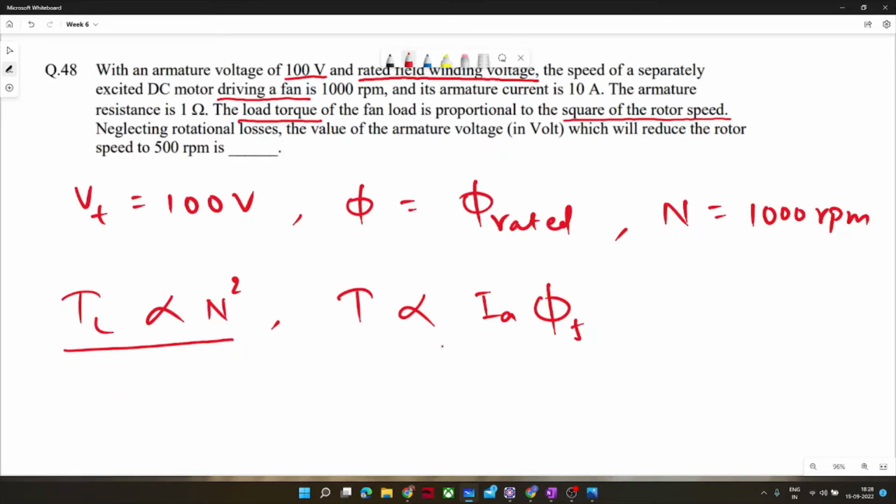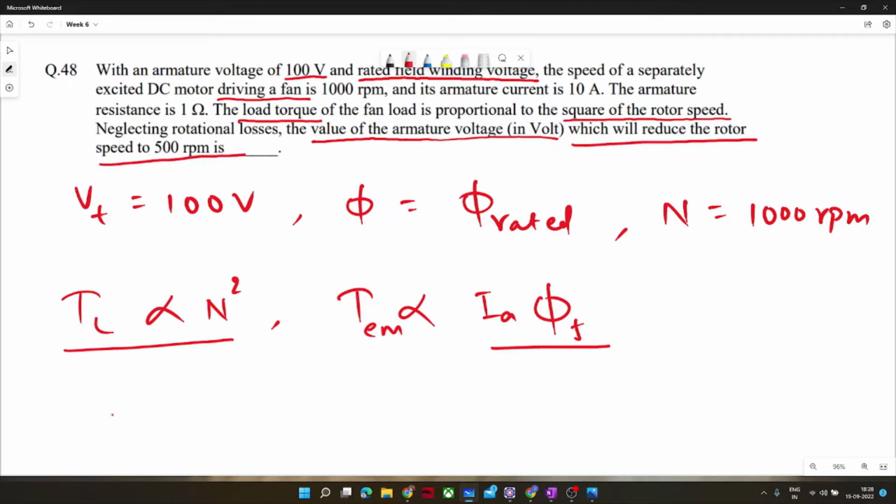So this electromagnetic torque will be produced by motor, depending on armature current and flux. And here the load torque depends on the square of rotor speed, and we need to find the value of armature voltage which will reduce the rotor speed to 500 rpm.